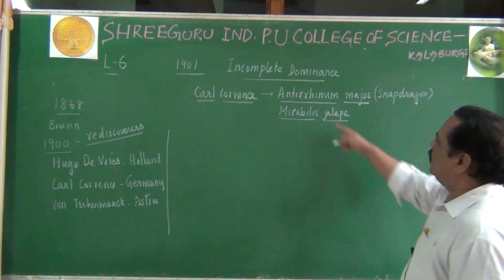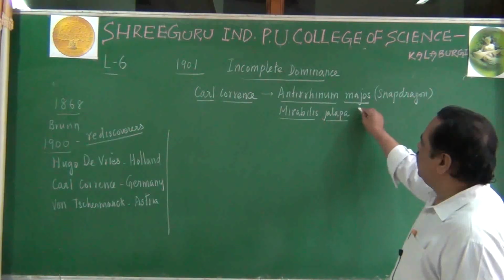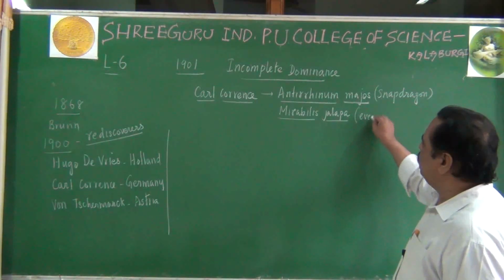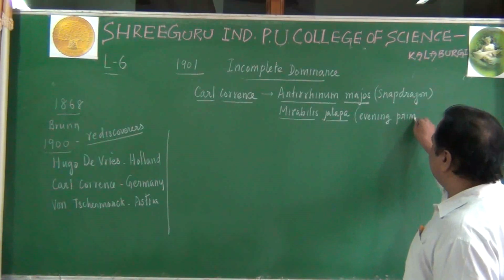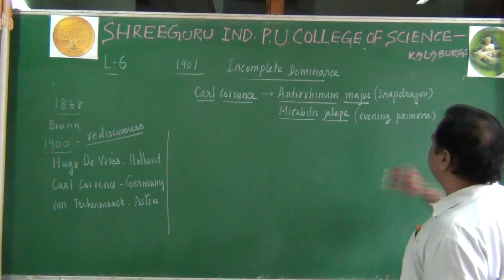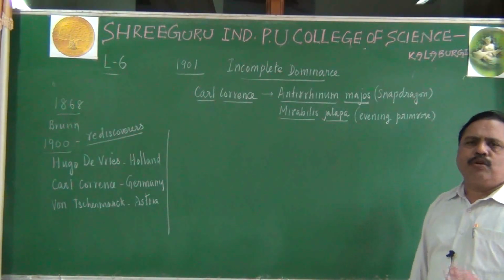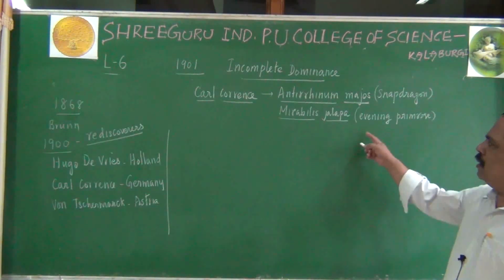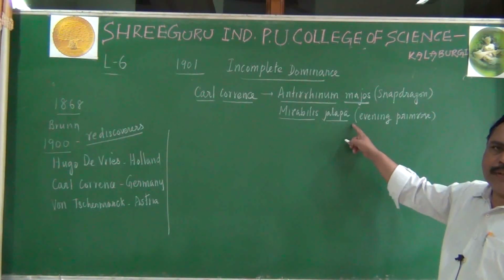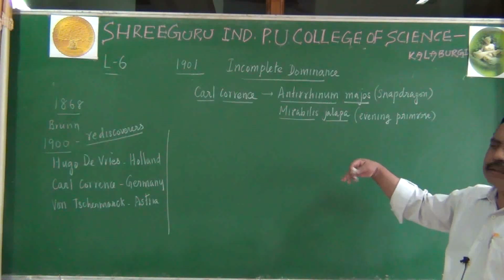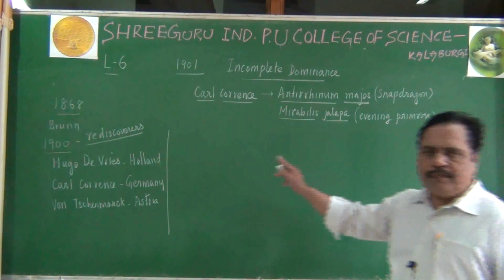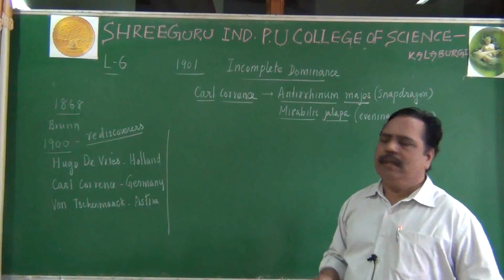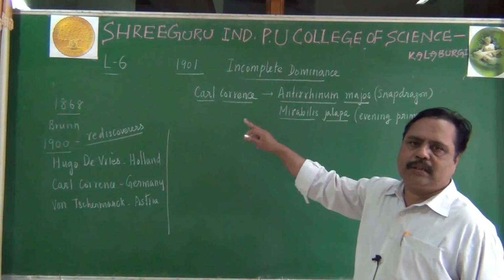Mirabilis jalapa is otherwise called evening primrose, commonly the evening primrose plant, or otherwise the 4 o'clock plant. In these two plants, the pattern of inheritance during monohybrid cross was different from Pisum sativum. They did not behave like Pisum sativum.